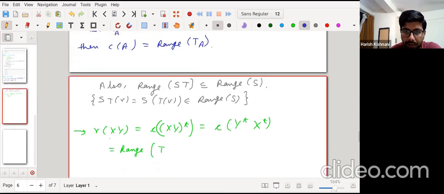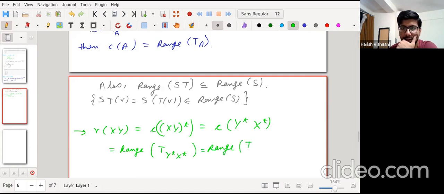So range of T. What are the matrices here? Y transpose X transpose. So it is the same as range of T Y transpose T X transpose, because it's a homomorphism.